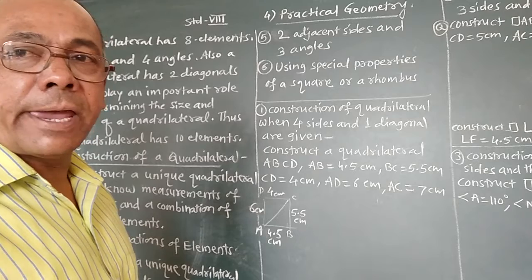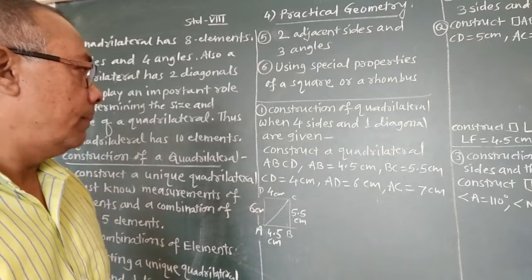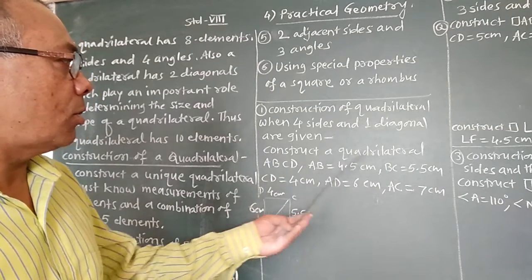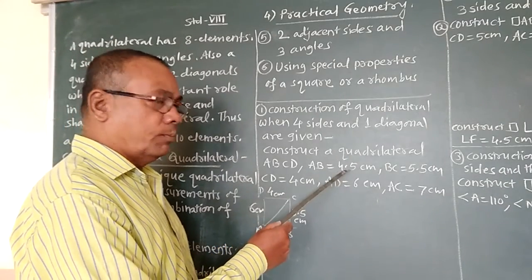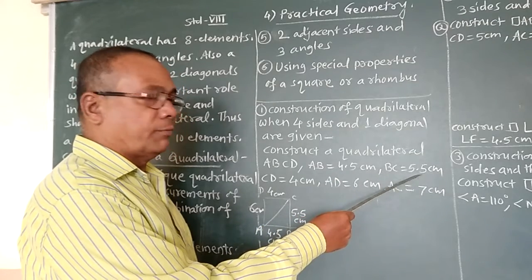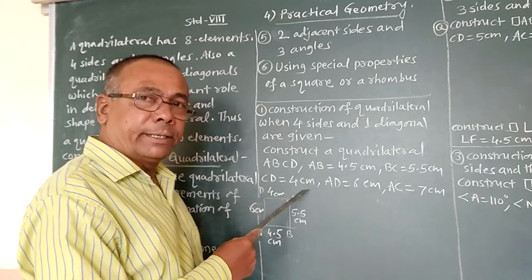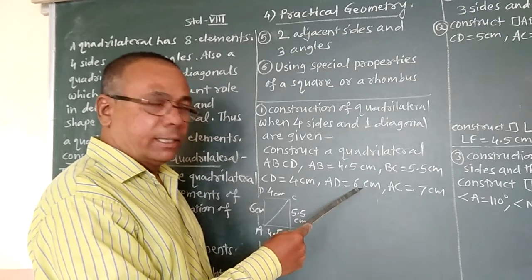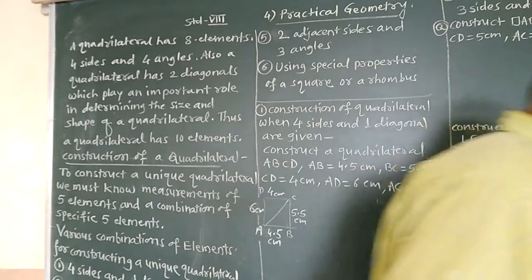So the question is: construct a quadrilateral ABCD where AB is equal to 4.5 centimeter, BC is equal to 5.5 centimeter, CD is equal to 4 centimeter, AD is equal to 6 centimeter and AC is equal to 7 centimeter.